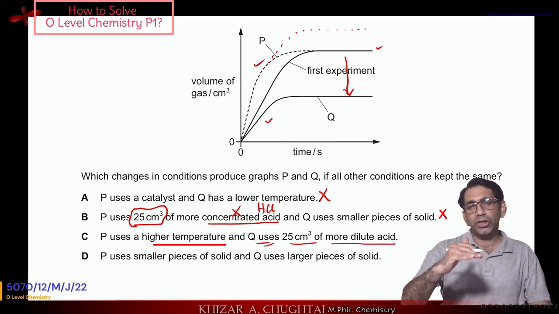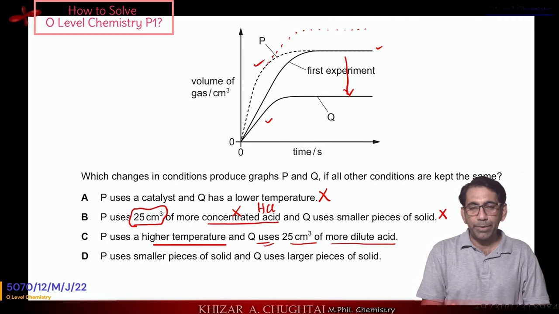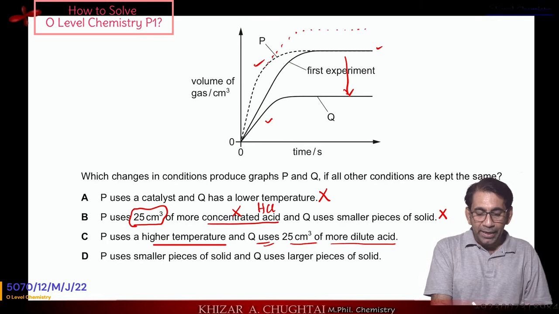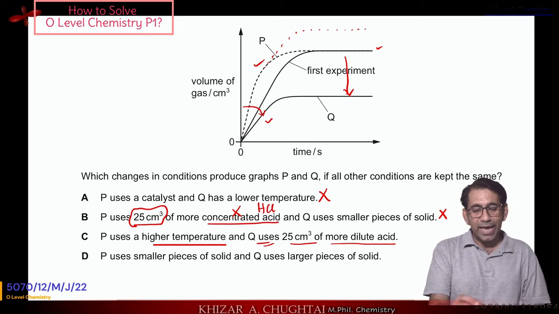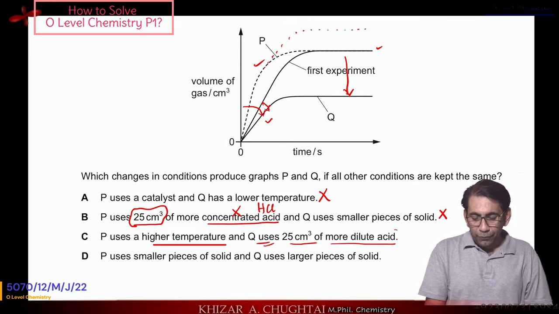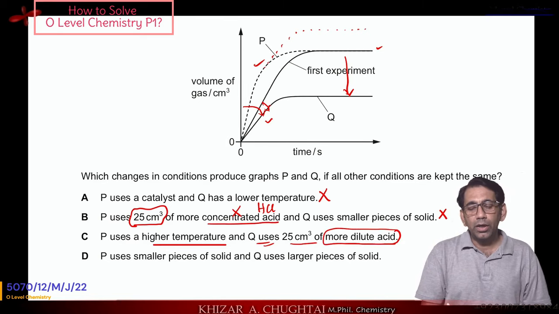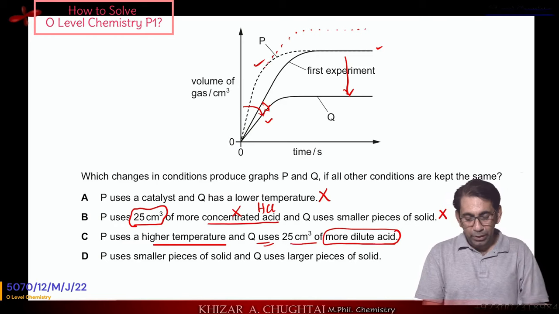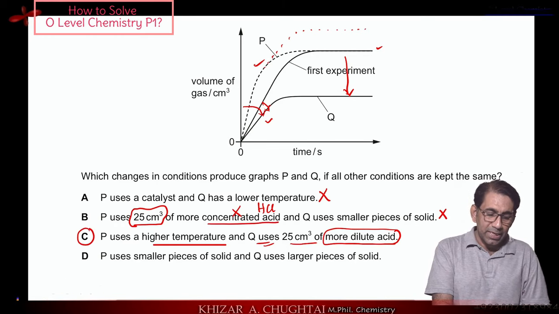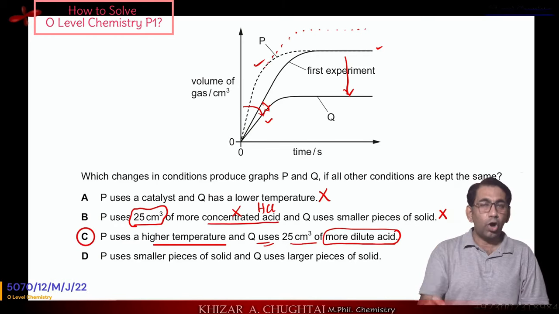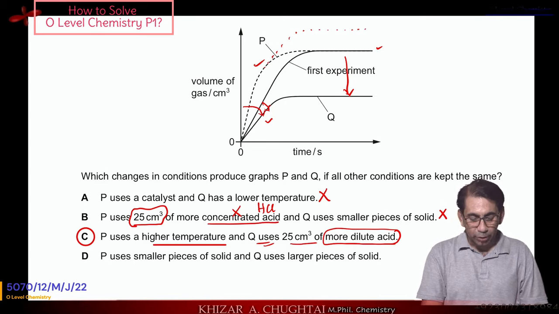The flat portion of the Q graph is lower compared to the first experiment, and it is away from the y-axis compared to the first experiment. So yes, if you are adding more dilute acid, its yield will be lower, its speed will also be lower. So C is the correct option.